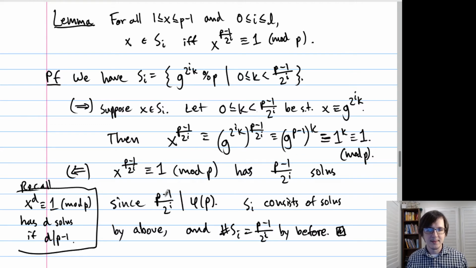So S_i consists of solutions to this equation, by the forward direction, and also every solution has to be in that set, because by the previous lemma we calculated the cardinality. We have exactly the number of things that we thought we had, so we've characterized them. And that's that lemma.